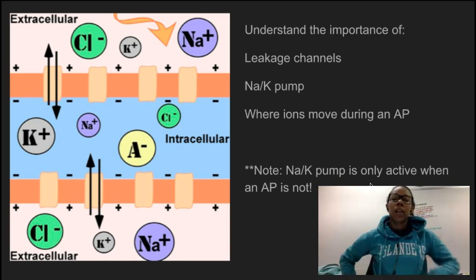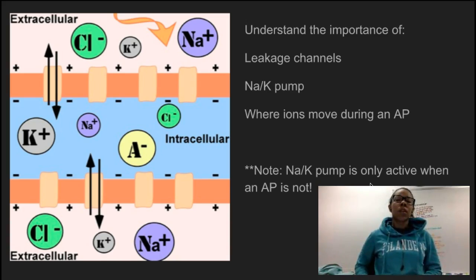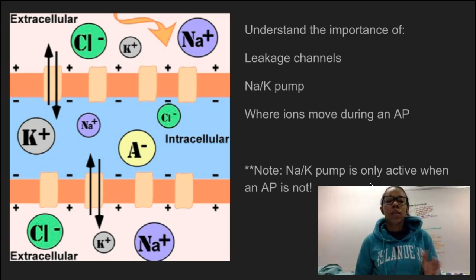Oh, okay, so remember how we said that for action potentials to occur in the axon, you have a movement of ions. This slide is going to talk about the movement of ions.